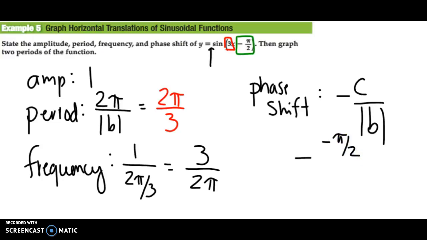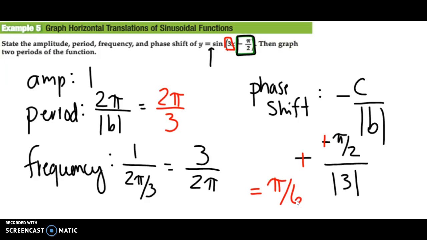If you're wondering how I get negative pi over 2, remember it's minus, so that's like a negative. Normally it's plus c. All over the absolute value of 3. To simplify it, minus makes a positive, and pi over 2 times 3 would be 6. So my phase shift is pi over 6. That's how much I move from one horizontal location to the other.